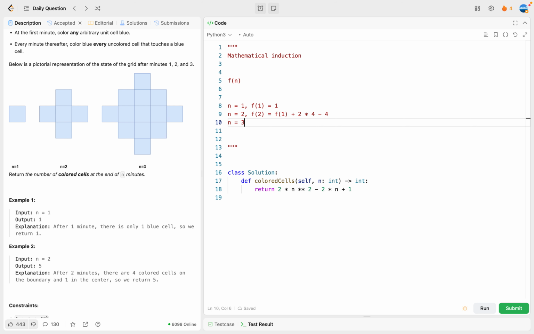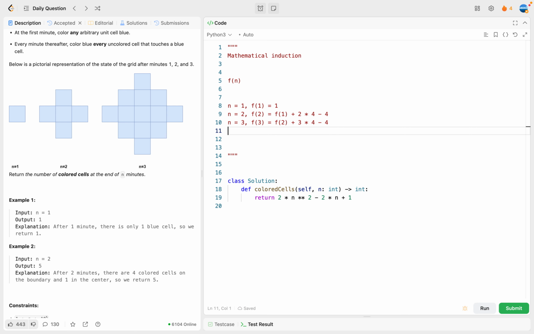Then n equals 3, what do you get? You get f3 equals f2 plus, here you have 3, 3, 3, 3, so 4 3s, so you have 3 times 4. Notice that here is 2, here is 2, here is 3, here is 3, and then minus 4.